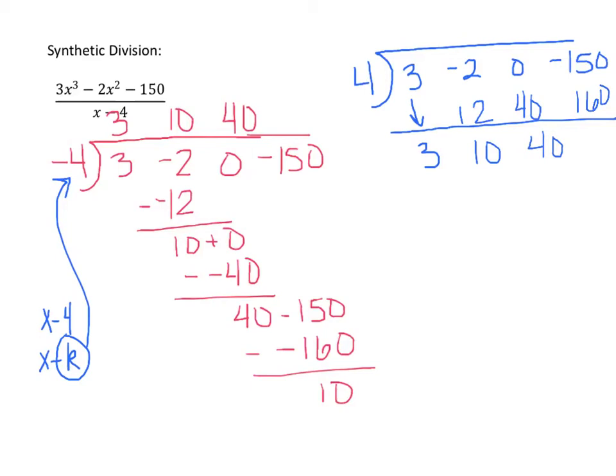Negative 150 and 160 is 10. So then what we do is we say, okay, well, this was x cubed, so this 3 needs to be on an x squared. The 10 needs to be x. The 40 needs to be a constant. The 10 becomes 10 over x minus 4.